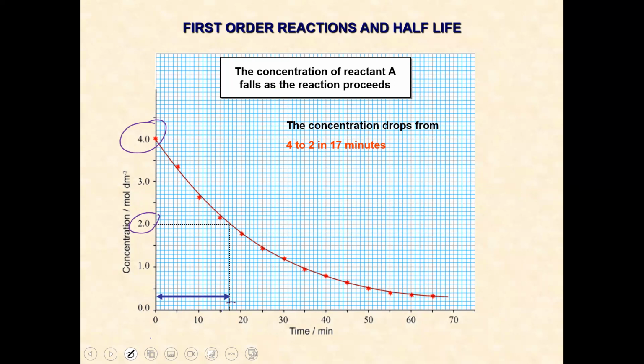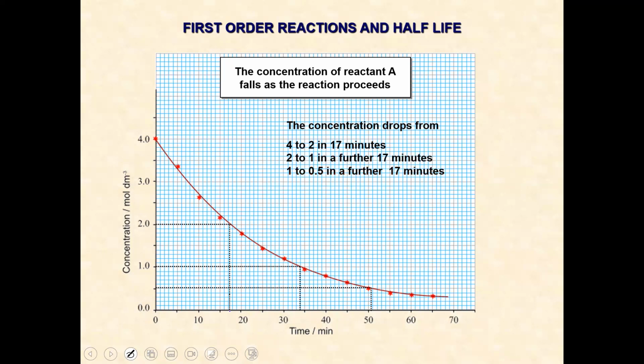And then you go and read the time. This time is called half-life, 17 minutes. This is called half-life, then another half-life, then another half-life. This is how we read the graph.